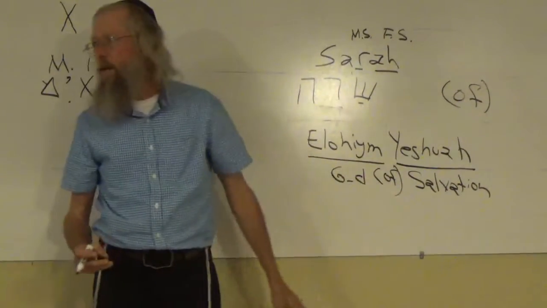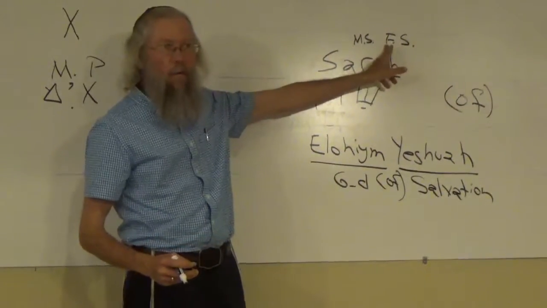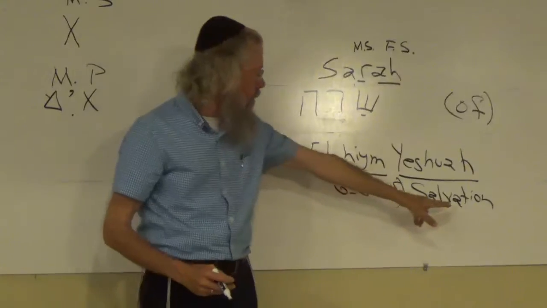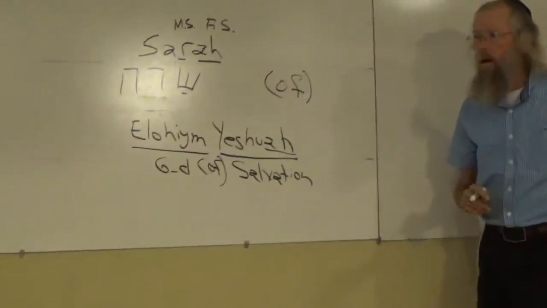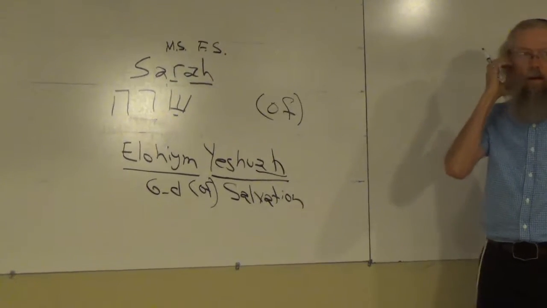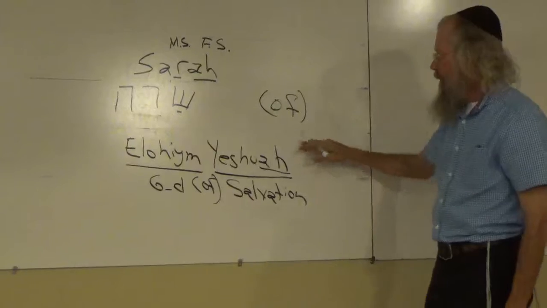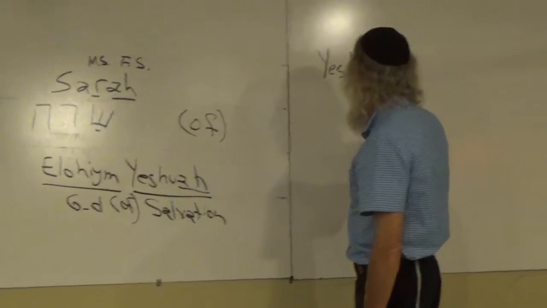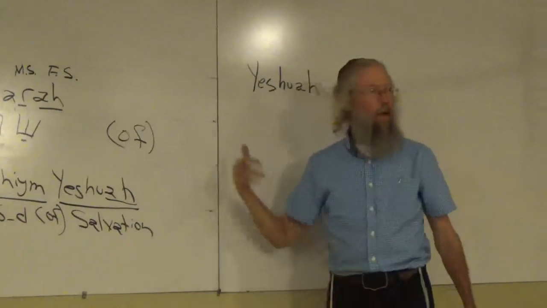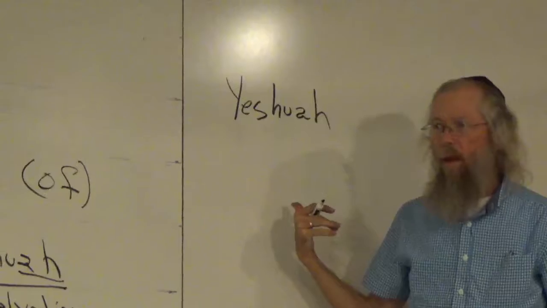So the word for salvation, Yeshua, is feminine singular. How do we know? Right there. It ends with a hey. So now, when you have this, you shall call his name Yeshua, salvation, but Yeshua is female form, okay?